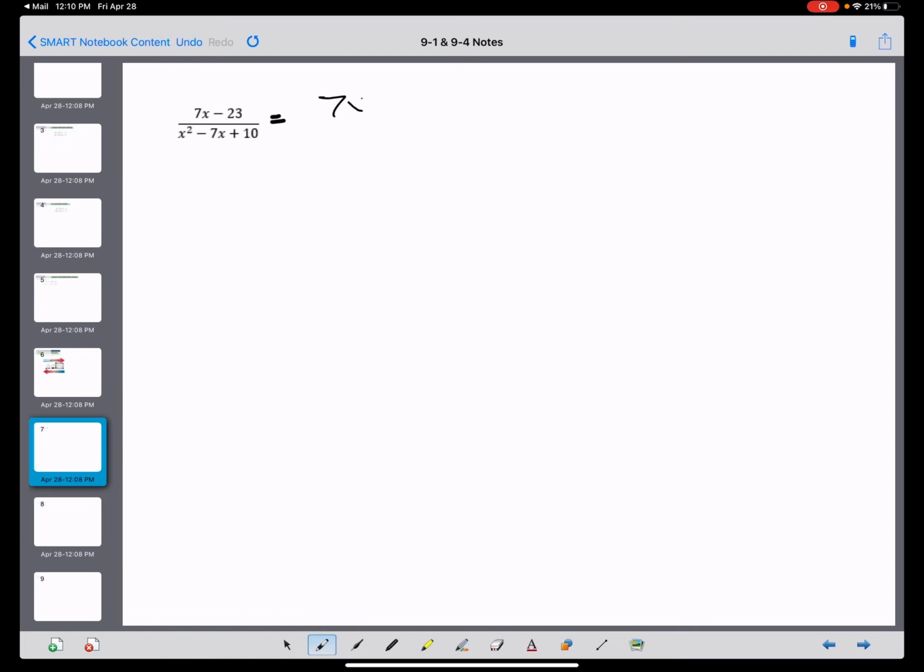So we have 7x minus 23 all over two sets of parentheses, and I want two numbers that multiply together to give you 10 and add together to get -7. I know that's going to be -5 and -2. So I got x minus 5 and x minus 2. Step 1: break your denominator down into its factors. Now that's how you should look at it.